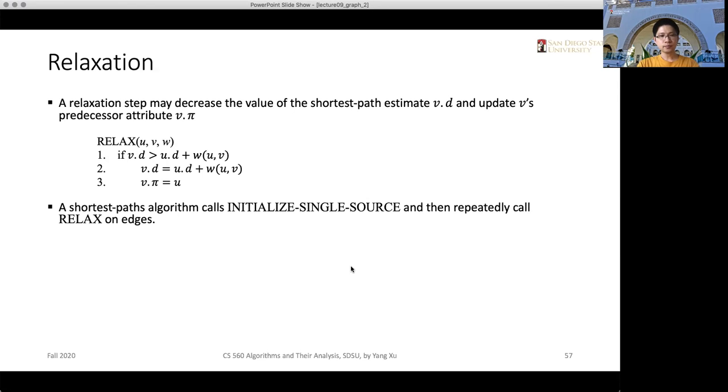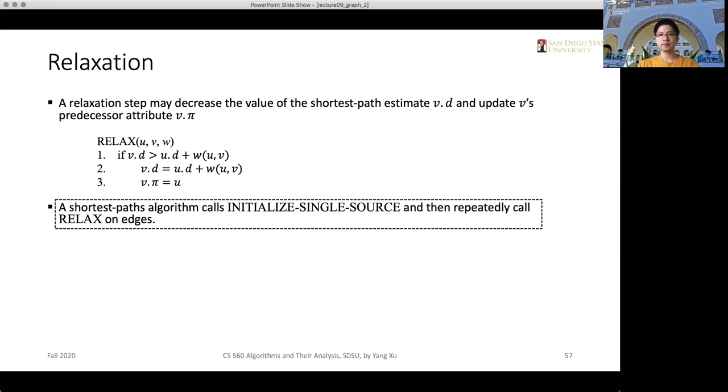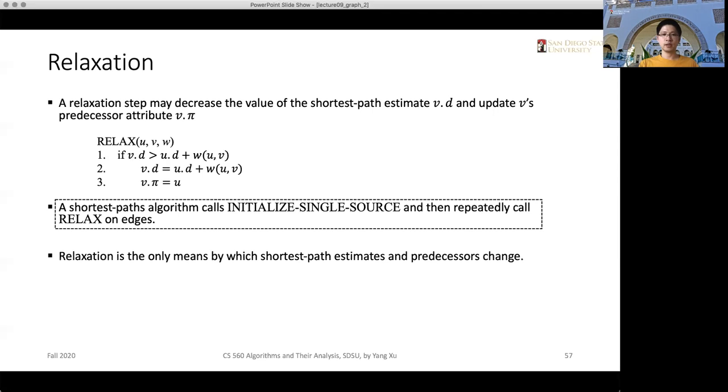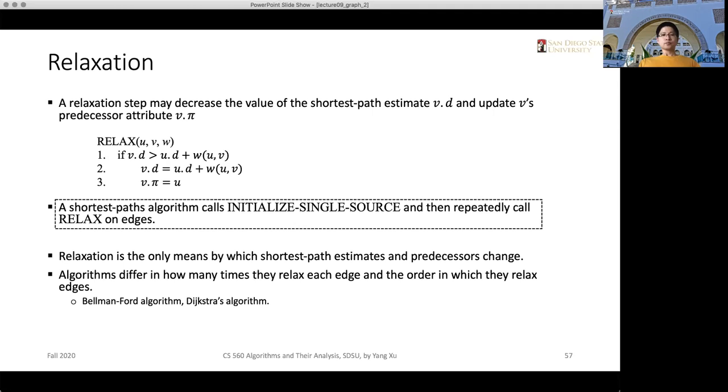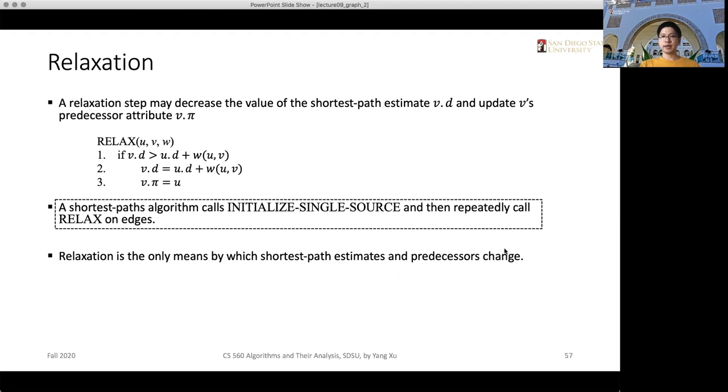Any shortest path algorithm will call the initialize single source function, and then repeatedly call relax on the edges. Okay, so relax will be repeatedly called on all the edges. This is something in common between Bellman-Ford and Dijkstra's algorithm. Relaxation is the only means by which the shortest path estimates, which is the D, and the predecessors, which is pi, change.